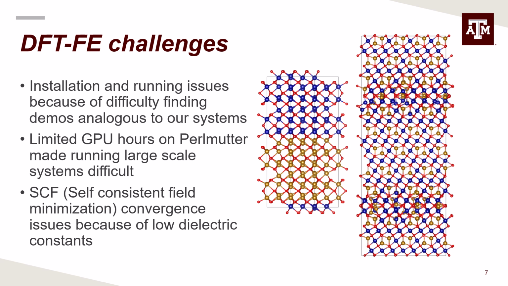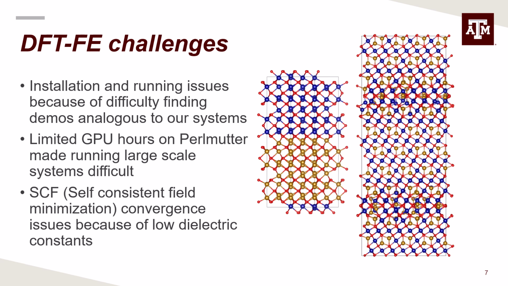The last issue we were having was getting the self-consistent field iterations to converge. This essentially means that there's a specific value that is shown after each field iteration, and we saw that this value was often oscillating instead of converging.